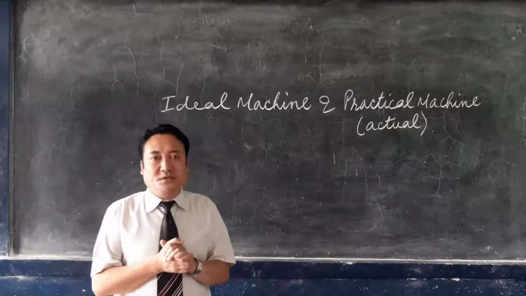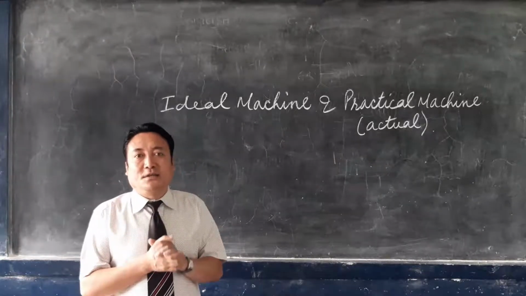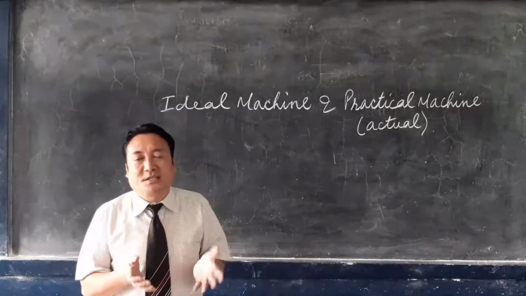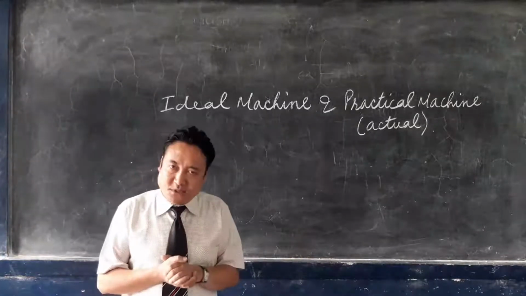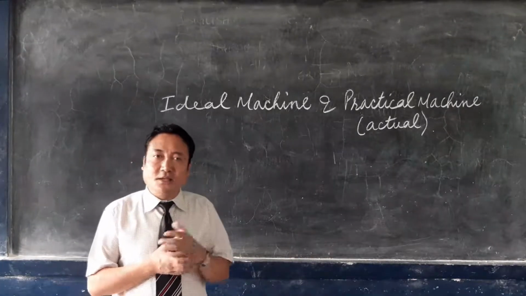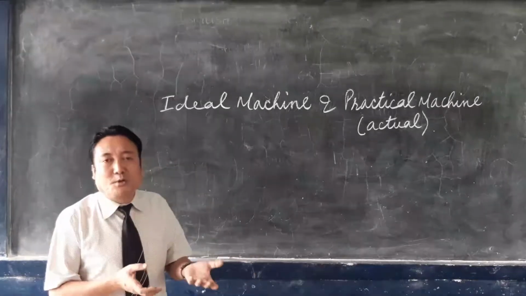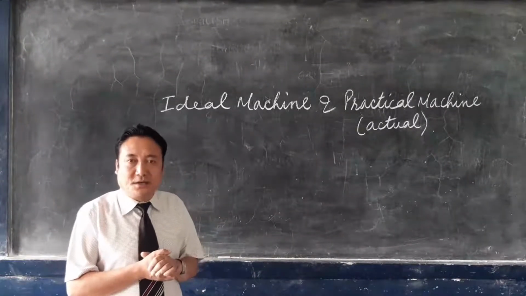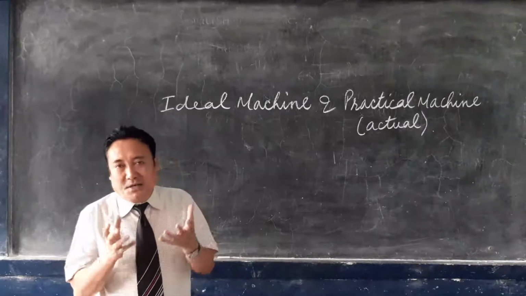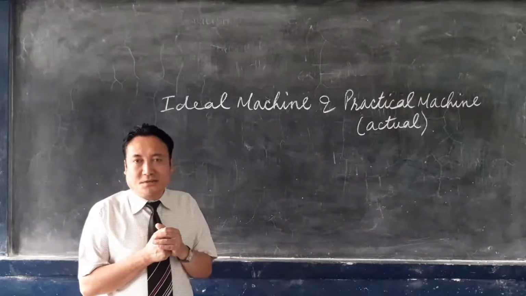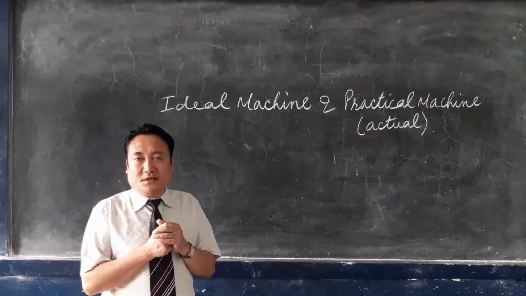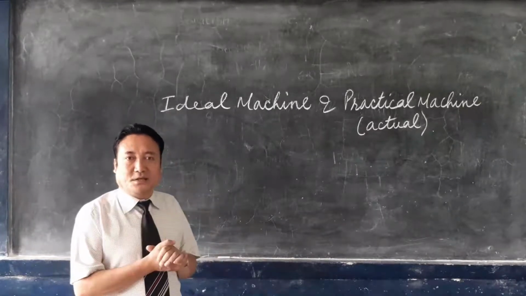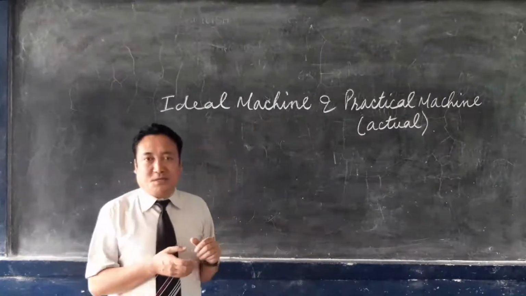If you don't use them, then what will happen? The machines finally get spoiled and become useless. That means they won't be able to perform any work, because rust starts occurring and the different machinery parts don't function properly. Therefore, we call it an ideal machine.